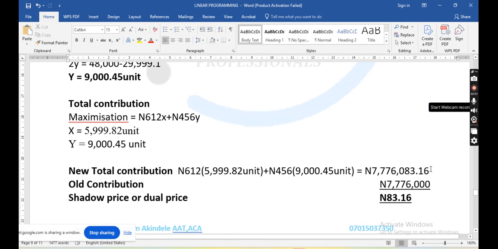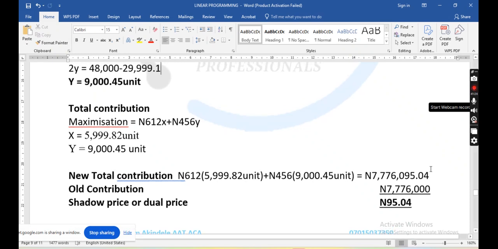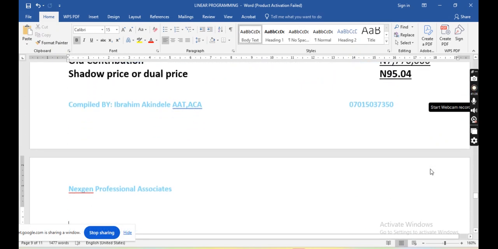What is the new contribution? 776,095.04. So what is now the shadow price? 95.04. Oh, class, we are done with this part.